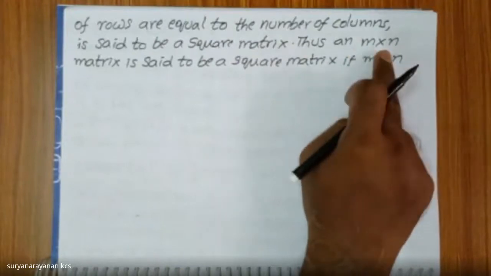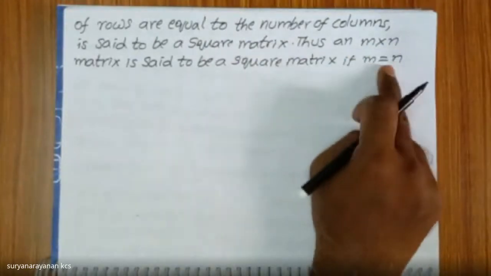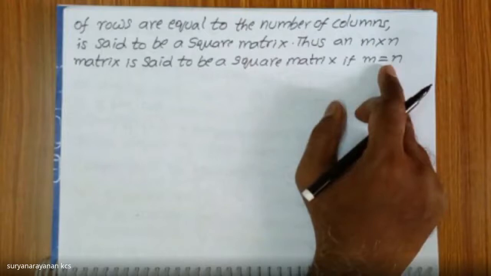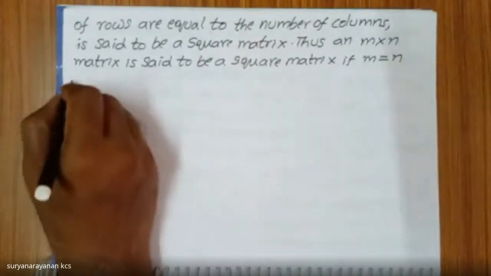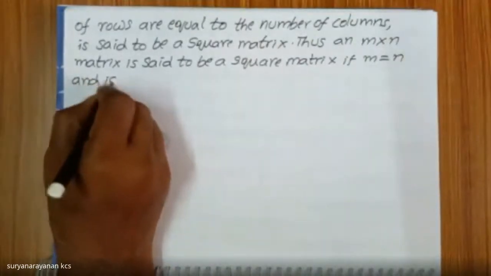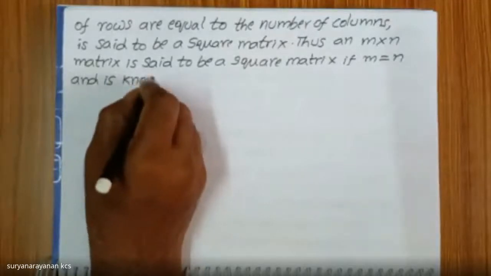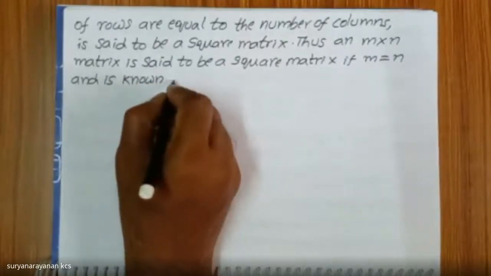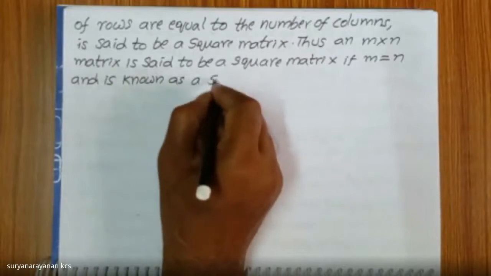Yes or no? Number of rows and number of columns should be equal, and it is known as a square matrix.